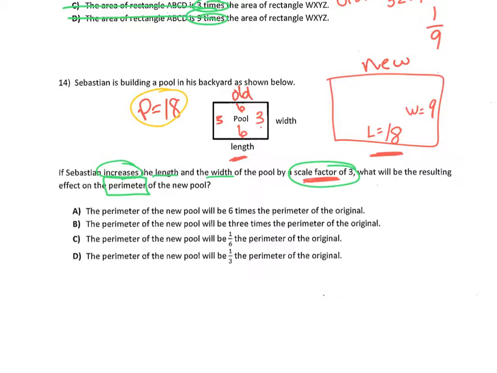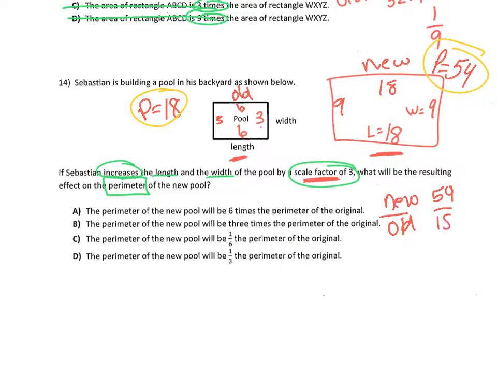Then the perimeter of the new. So 18 plus 18 plus 9 plus 9. 54. Then to get that scale factor, divide your new perimeter by your old perimeter. So 54 divided by 18 is 3.